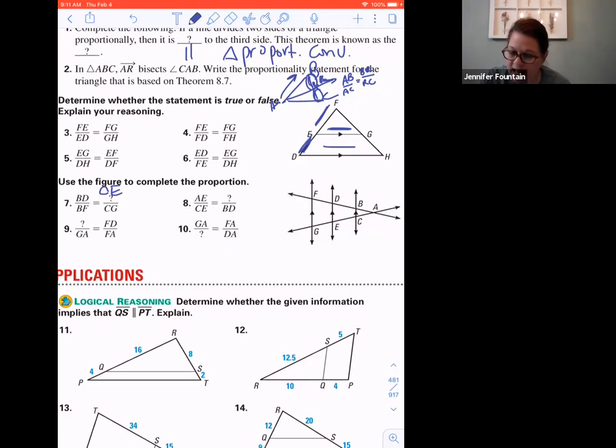Okay, let's look at the next one. AE, so AE is going from here is to CE. So I've gone a bigger segment to a smaller segment. Now I have a question mark to BD. Let me make this a little bit smaller, make sure it doesn't go over that line.